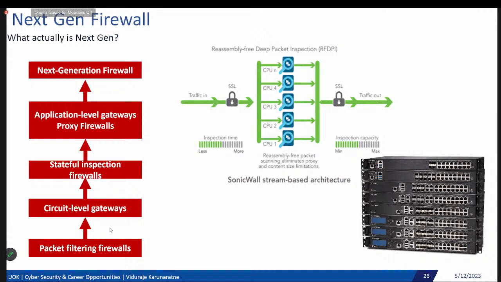Now, the earlier packet filtering firewall is something that you might make for a project, right? It will just see the port and the IP and just block it or allow. That's it, right? But now it's very rare to find anything else. Everything is a next gen firewall.